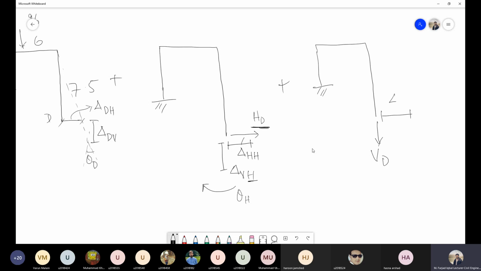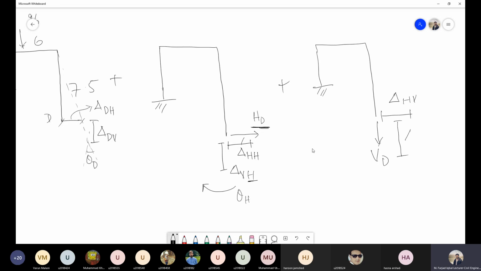I will call this delta HV. Horizontal deflection at this point due to vertical load.